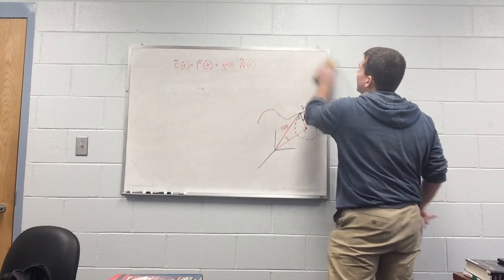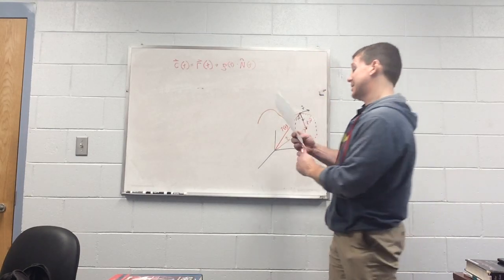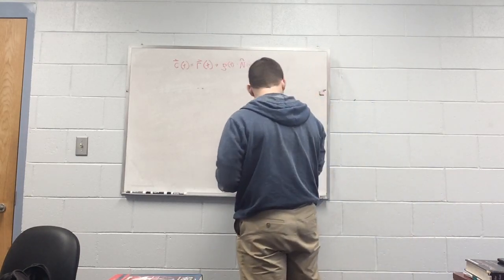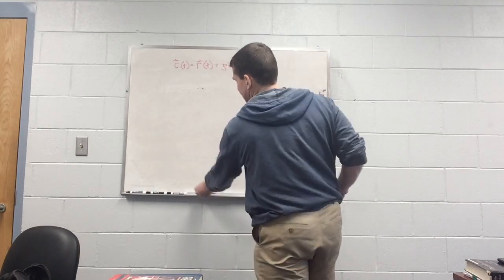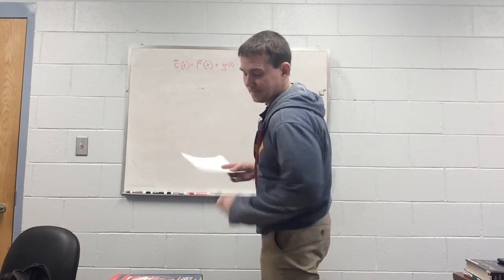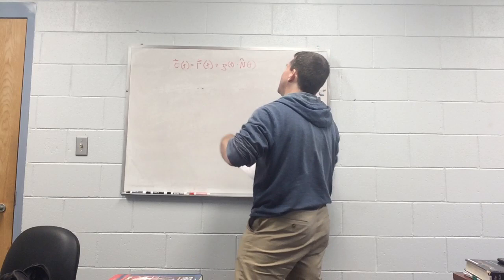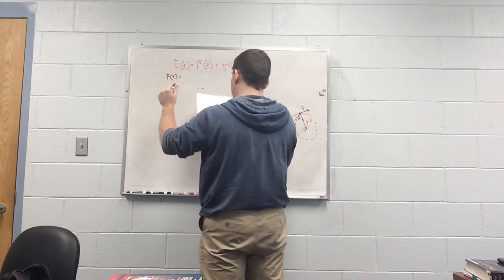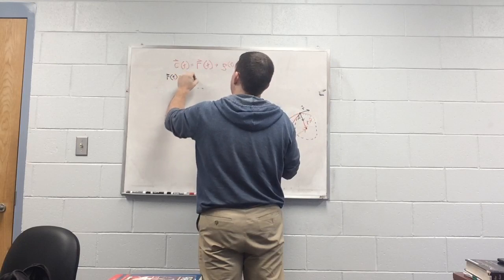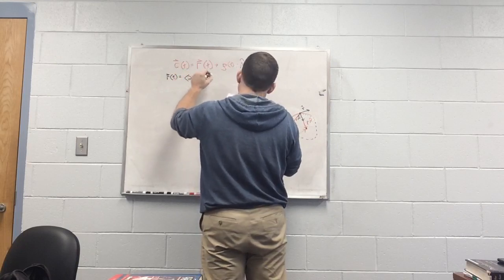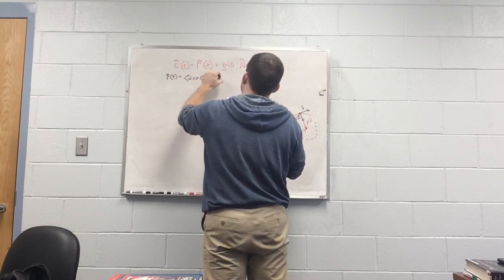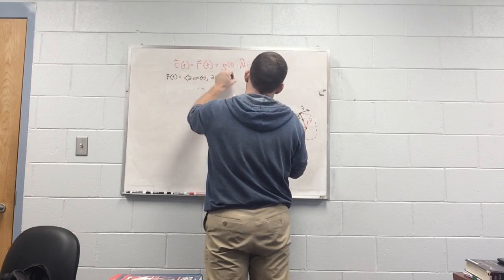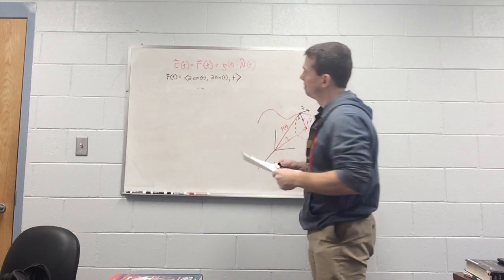So for this one, let's see. Where's my good one? Right here. Okay. So suppose we're told r of t is equal to 2 cosine t, 2 sine t, t.